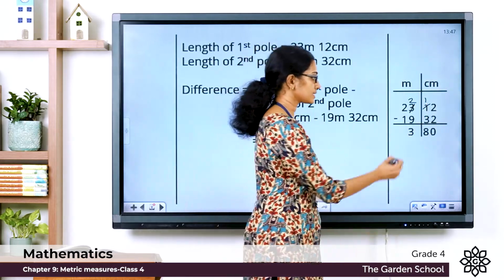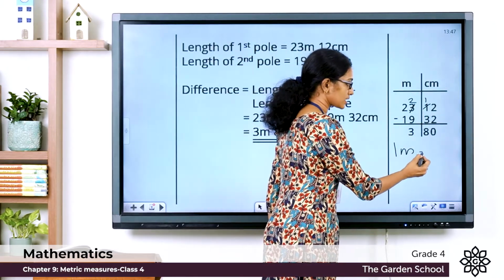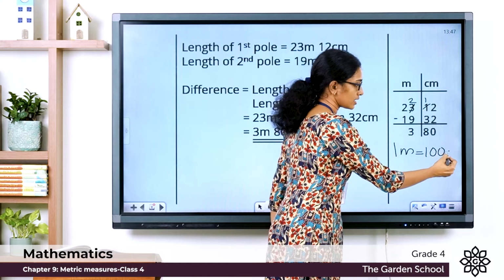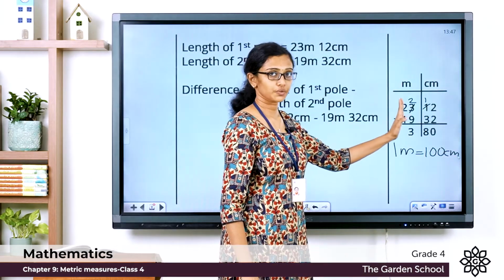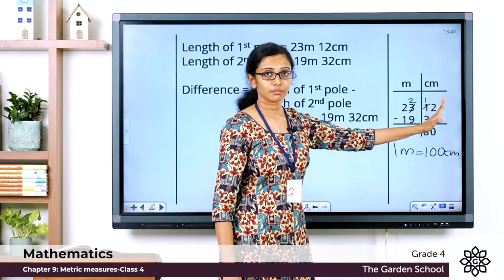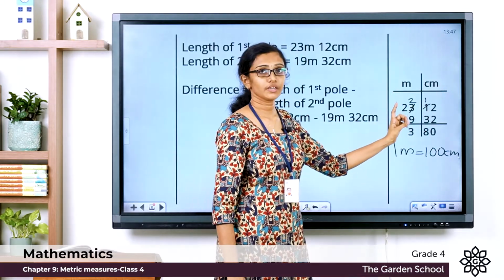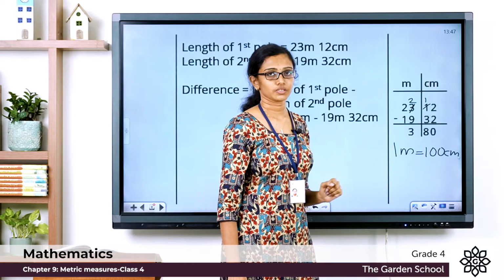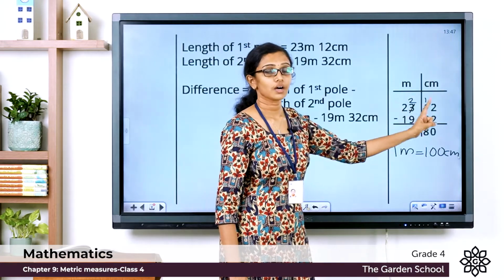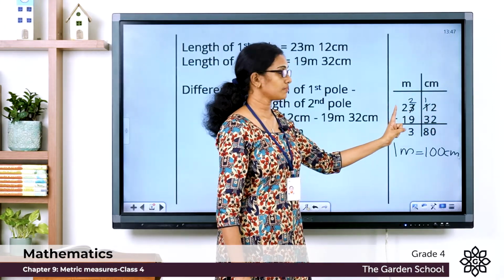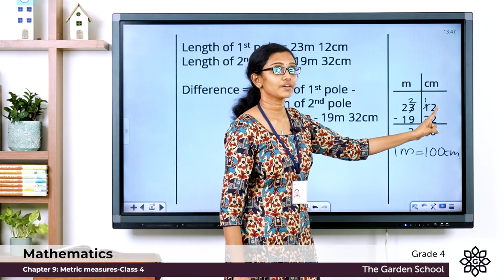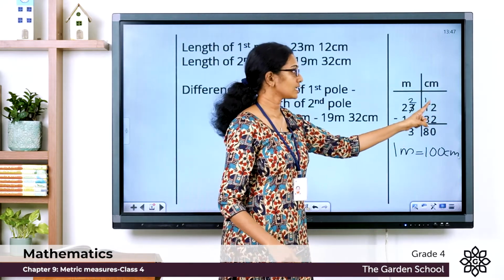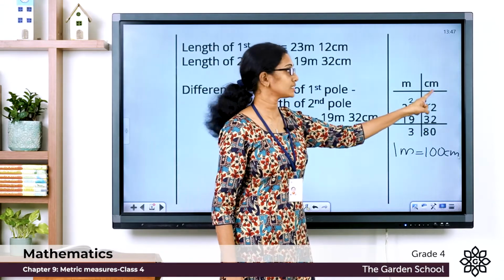And what is 1 meter? 1 meter is equal to 100 centimeter. So when you borrow 1 meter from the meter column and give it to the centimeter column, actually you are giving 100 centimeters. And here we have 12 centimeters.